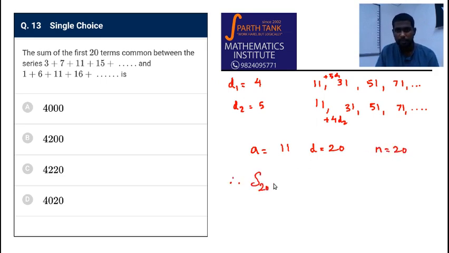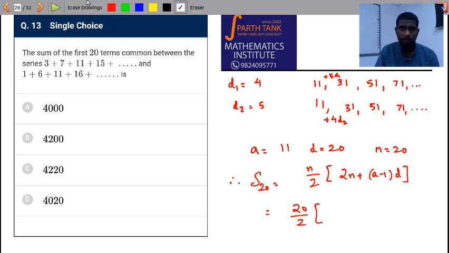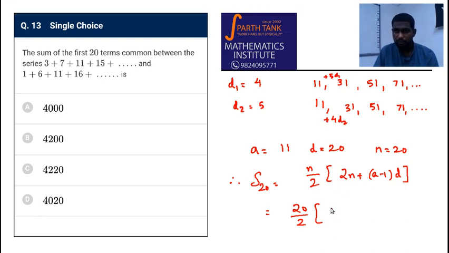Therefore the sum of the first 20 terms is, you know the expression, right? n by 2 times 2A plus n minus 1 times D. So it is 20 by 2, 2 into 11, 22 plus n minus 1 is 19, D is 20.